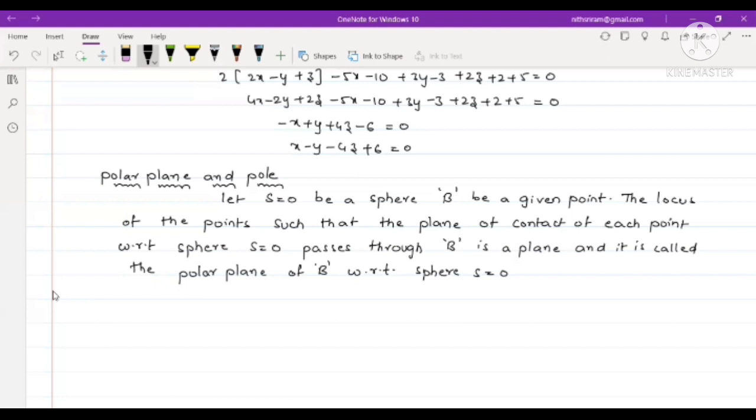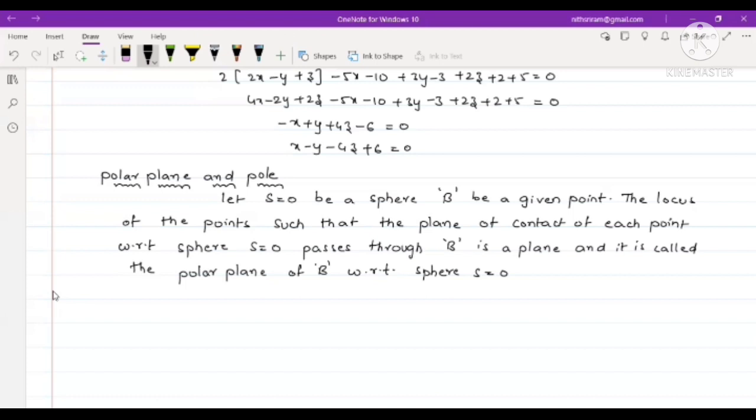Okay, here polar plane is nothing but it is the locus of the points such that the plane of contact of each point with respect to the sphere, so each and every point such that the plane of contact with respect to the sphere S is equal to 0 passes through the point capital B. Then we get a plane and it is called the polar plane.